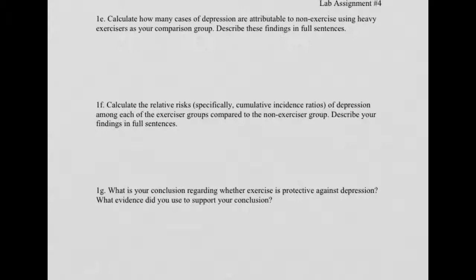So calculate how many cases of depression are attributable to non-exercise using heavy exercisers as your comparison group. So here's a clue. First of all, we use the word attributable, and we're asking about how many cases. So if you remember back, when we calculated attributable risk, otherwise known as risk difference, we were calculating the number of cases attributable to our exposure.